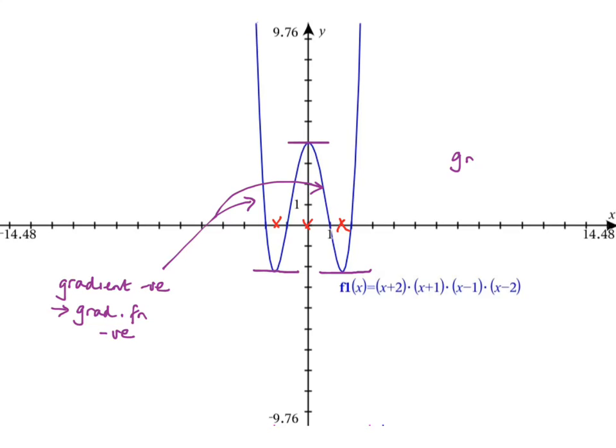Get that? And the gradient is positive, therefore the gradient function is going to be positive for those 2 parts of the graph, yes? Okay, now here comes our points of inflection. There they are. Did you see them? Halfway between those caves where they join onto one another, yeah? So they get us local maximum or minimum values.